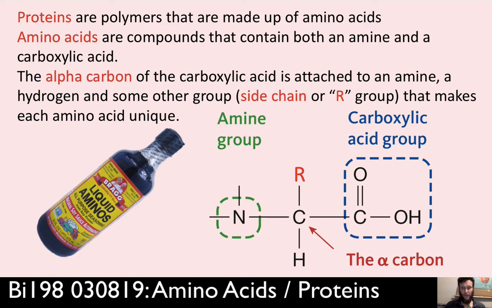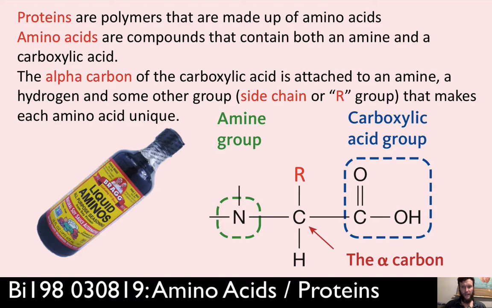In between the amine group and the carboxylic acid, there's going to be an intervening carbon. We're going to call this the alpha carbon because it's alpha, or in the first position away from the amine. And that carbon is going to be attached to what we call an R group.